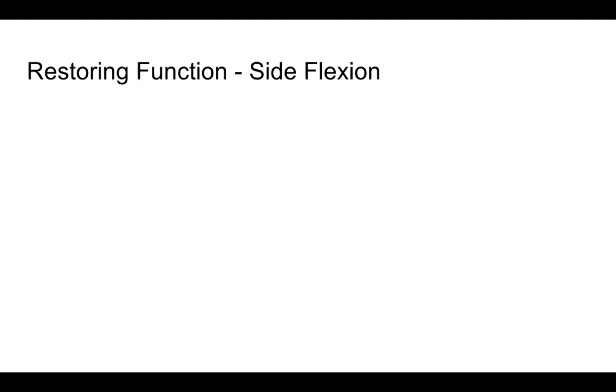Now the next process, we'll look at restoring function, focusing on side flexion, the ability to bend left and right. And so once again, we'll begin in constructive resting position. If this is your first time going through this, if you've decided to split it up into a number of sessions, again, I recommend checking in with your baseline awareness here, tuning into what you notice.